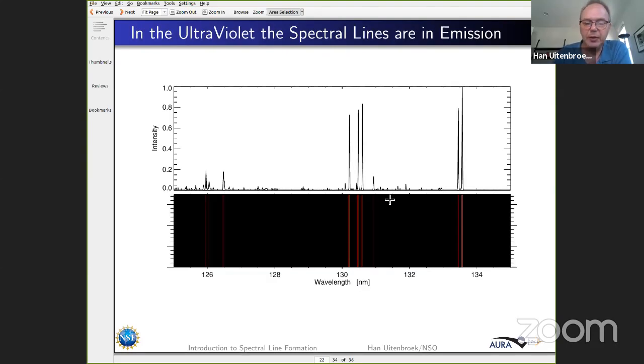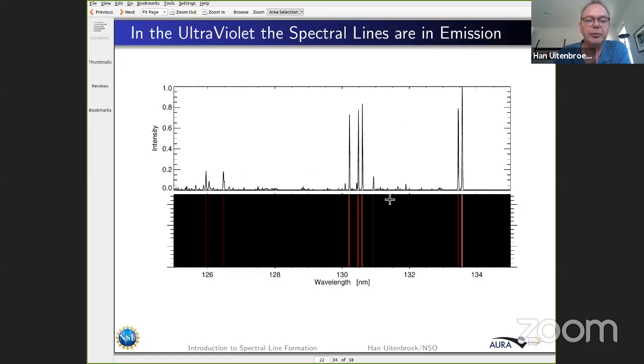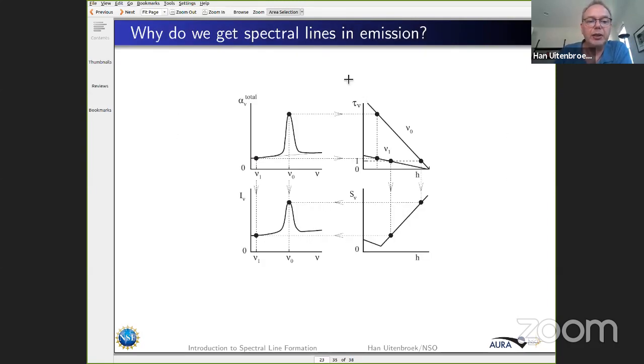Now, absorption lines dominate in the visible part of the spectrum. Once you go below 160 nanometers, you actually start to see emission lines. Now, how can we explain that? Well, in the same way, this first part of the diagram is the same. These two graphs are the same as in the previous one. But now we have a source function that actually increases with height.